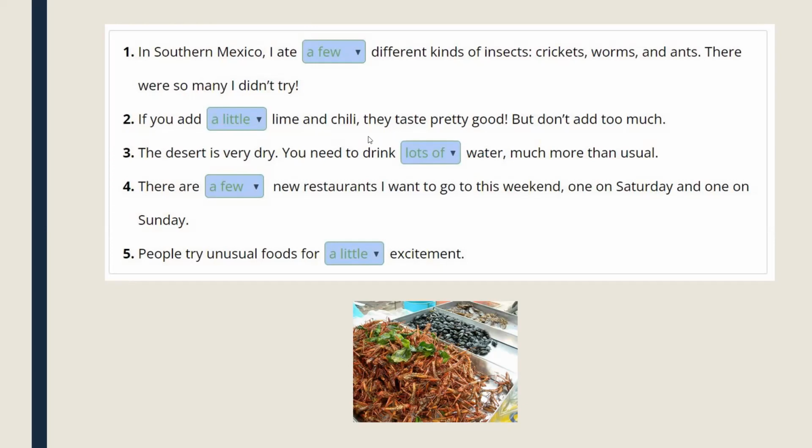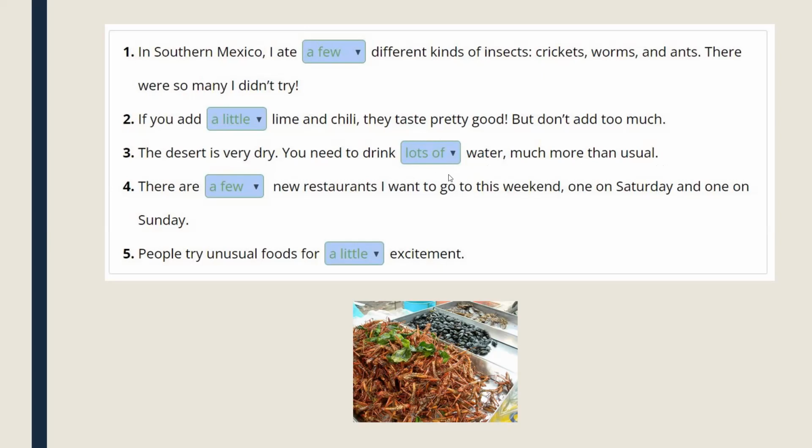Number 3, the desert is very dry. They are not talking about the dessert, the food. They're talking about the desert, really. The desert is very dry. You need to drink lots of water, much more than usual. So here it's affirmative.